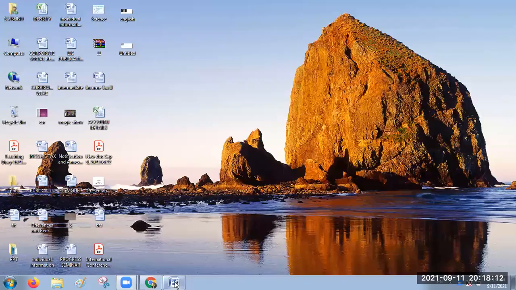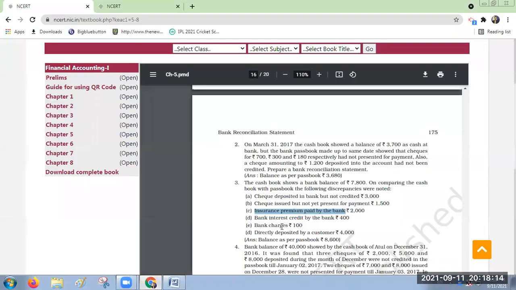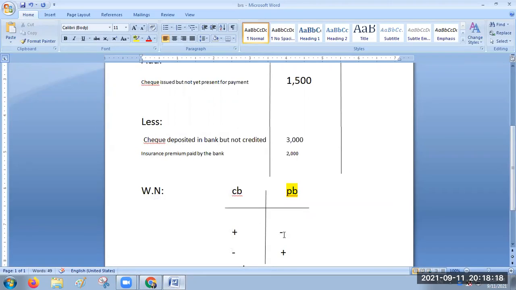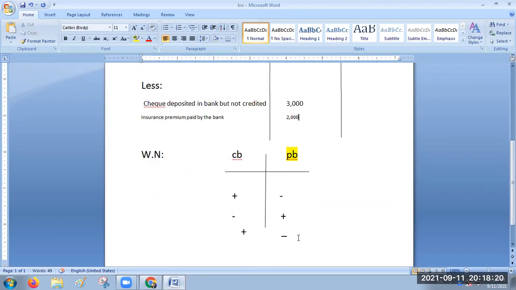Next one, what is the transaction? Bank interest credited by the bank. See, without intimating us, they will periodically deduct charges. They will credit our interest also, as I mentioned in yesterday's class. So passbook balance will be more, means here plus will come. So here plus means this side minus will be there. Here more balance means plus.